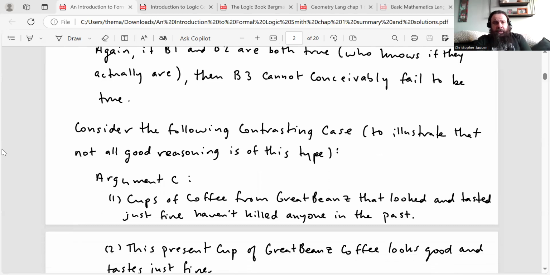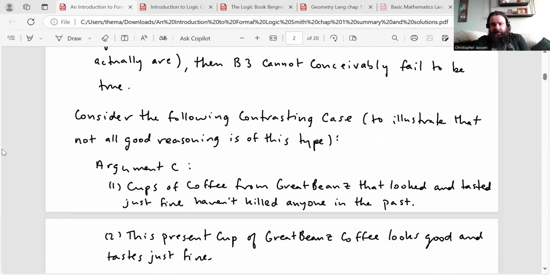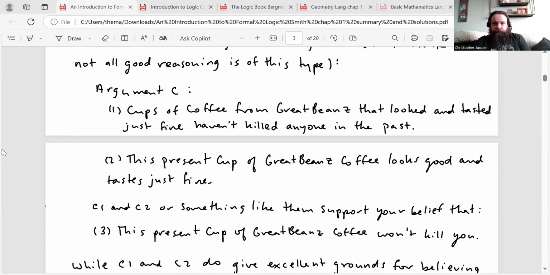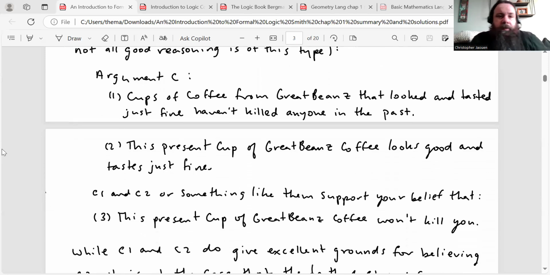Consider the following contrasting case to illustrate that not all good reasoning is of this type. Here we have argument C. Premise one: cups of coffee from great beans that looked and tasted just fine haven't killed anyone in the past. Premise two: this present cup of great beans coffee looks good and tastes just fine.